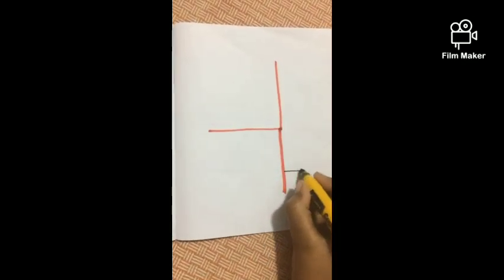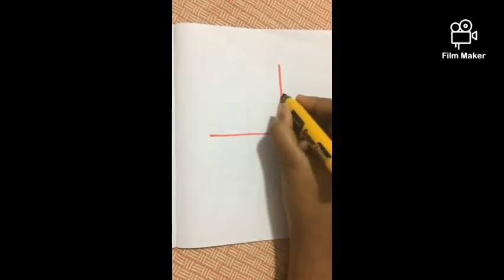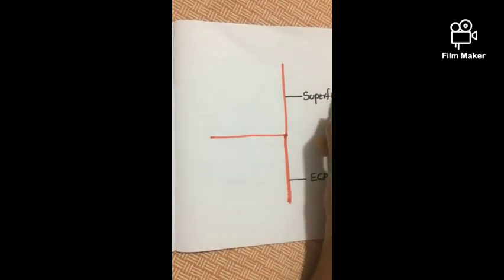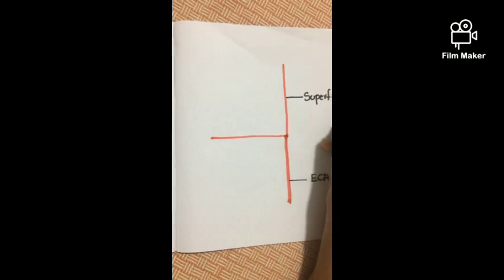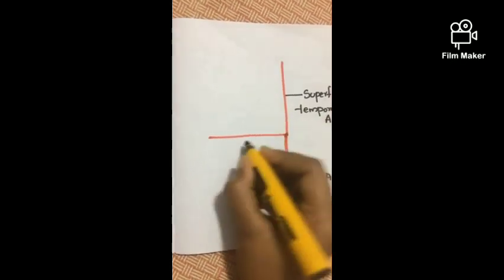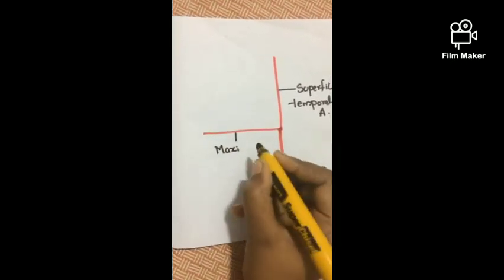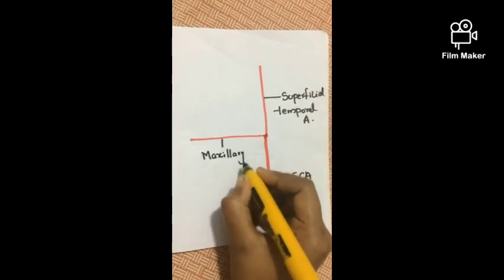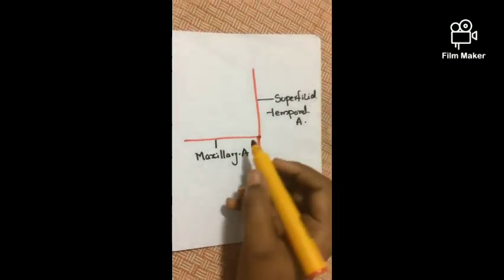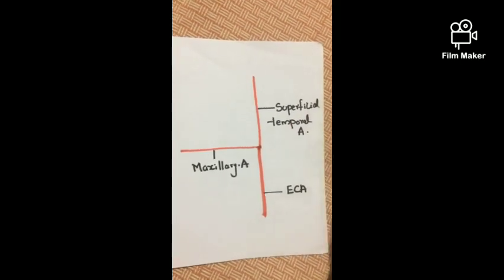So this is our external carotid artery, this is the superficial temporal artery, and this is our maxillary artery. And this maxillary artery along its course divides into three parts, and from these parts it gives its branches.